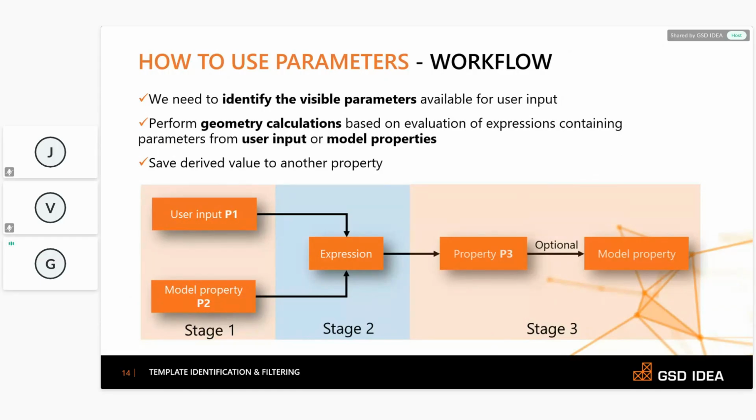The first stage is to input the sources, where we begin with identifying the parameters. Which are the parameters that are available for user modification? How we want to modify.